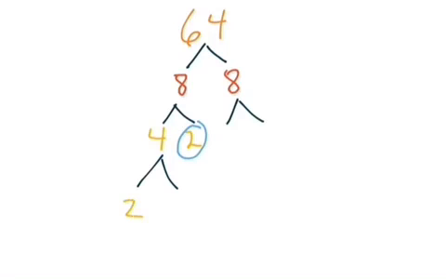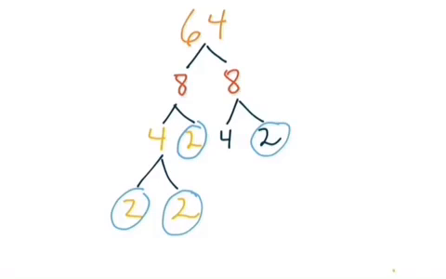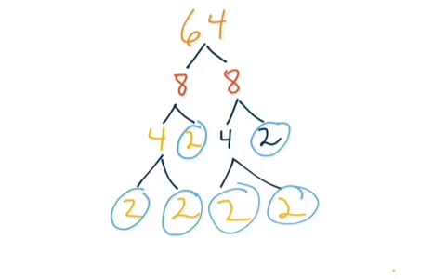What equals 4? 2 times 2. 2's are prime numbers. And then I'm going to do the same thing on this side, because to get 8 I can do my 4 times 2. There's my prime there. If I continue right here, this is 2 times 2. And these are my prime numbers. So all of them circled in blue are all of my prime numbers.